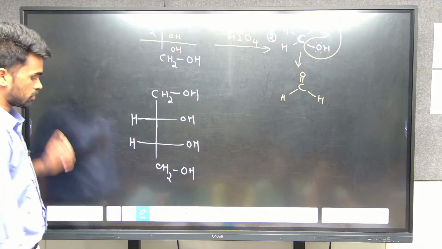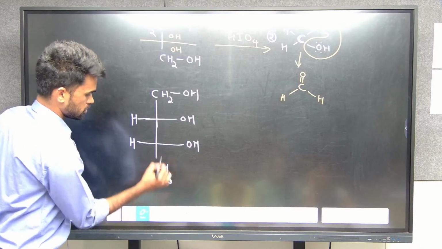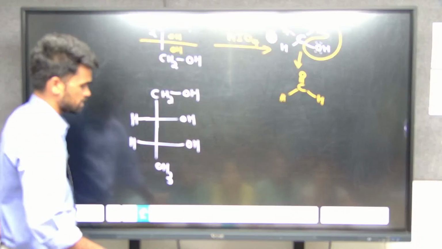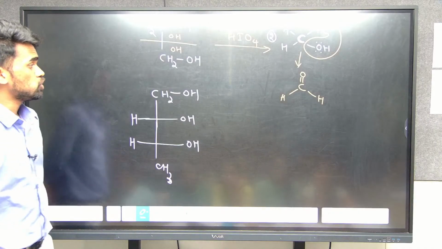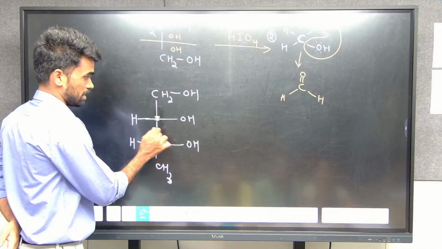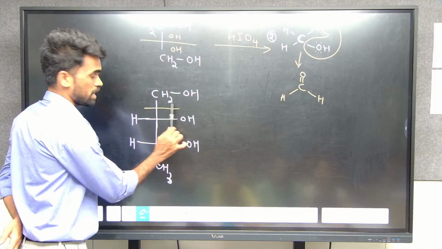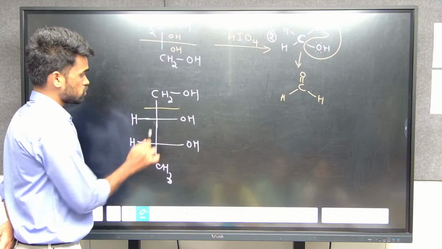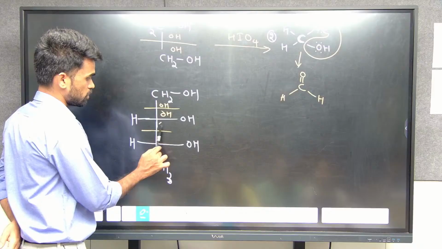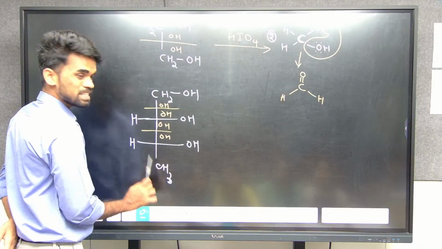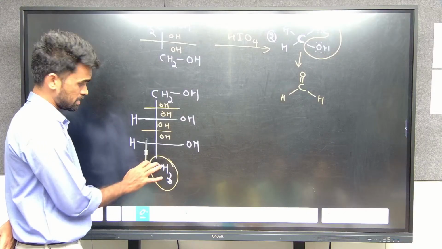Let's make it CH3. Yeah, tell me. This is CH3, simple. What to do? I should break the C-C sigma bond between carbons with OH groups only. So I should break here. That's it now. So breaking, put OH like this. I should break here, insert OH, OH. Don't break this bond. Why? Because there is no OH group here, right? Keep it as it is, whatever it is.